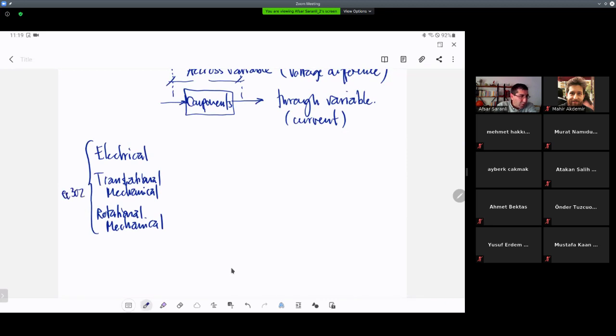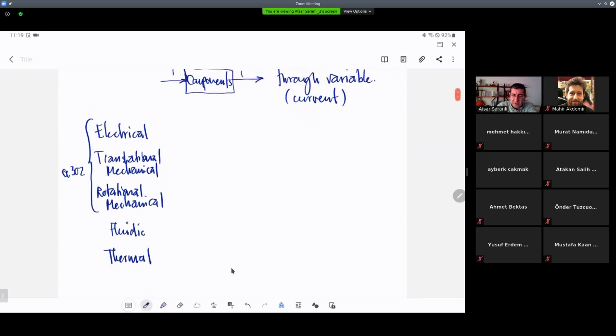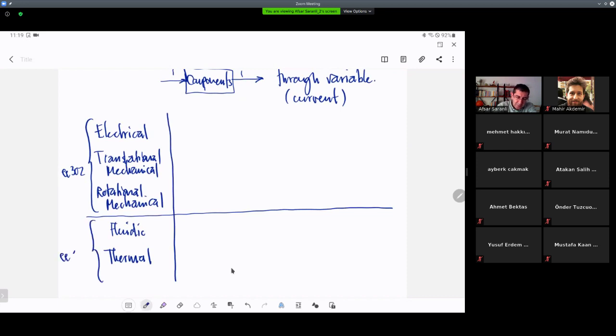But now in this course, we will also look at fluidic systems, and also thermal systems as well. There can be chemical systems as well, but we're not going to go into chemical systems at all. Okay, so this is more like EE407 edition.